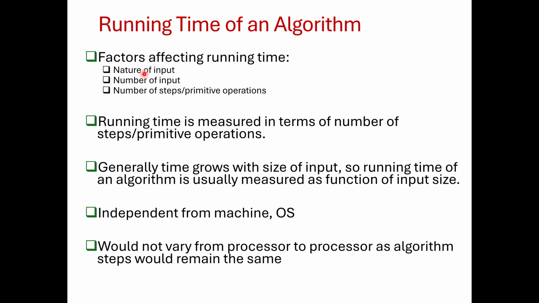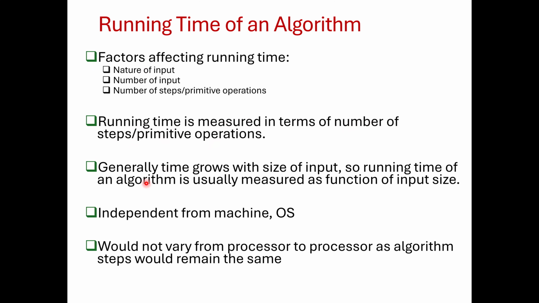So it says that running time will be measured in terms of the number of steps or primitive operations that an algorithm performs. So given an input size, given n, given some data, how many steps do you need to process the data? And how many steps does another algorithm need to process that data?